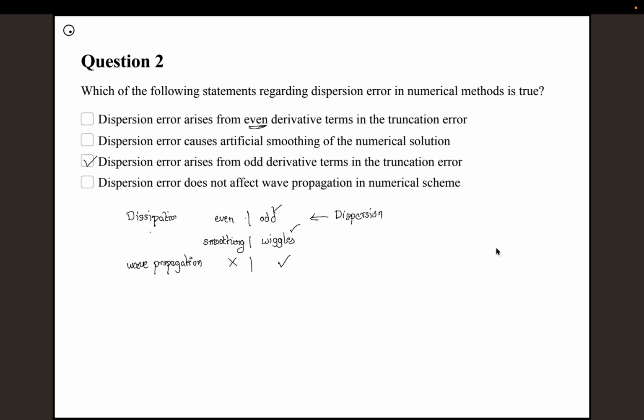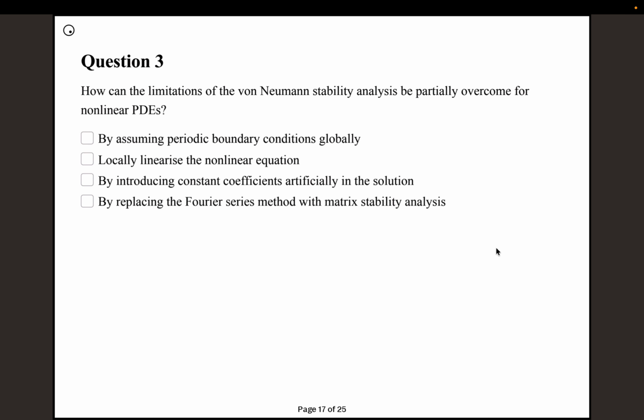This is dissipation. I think that is a straightforward question.